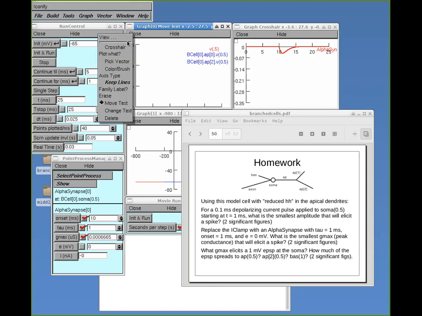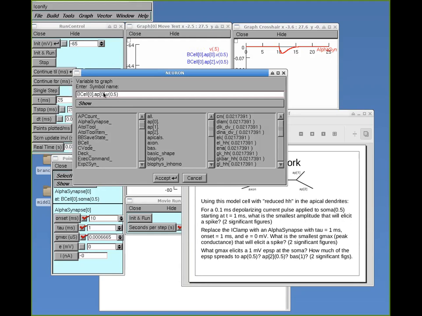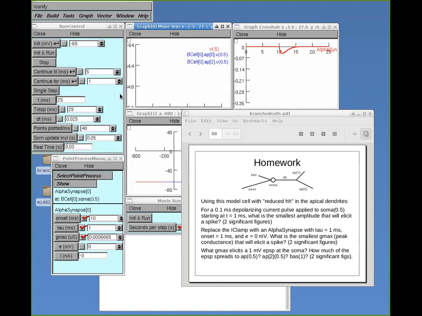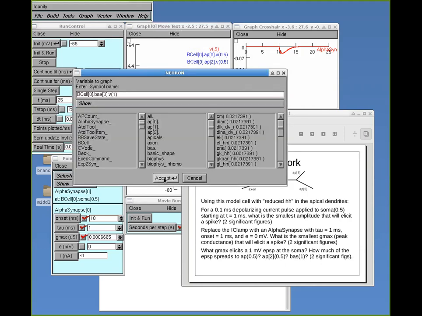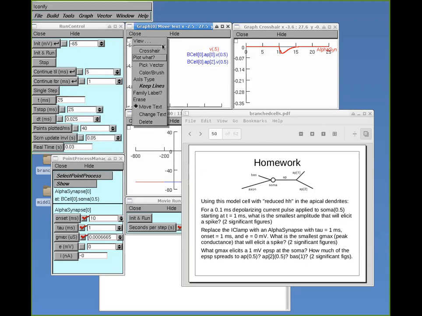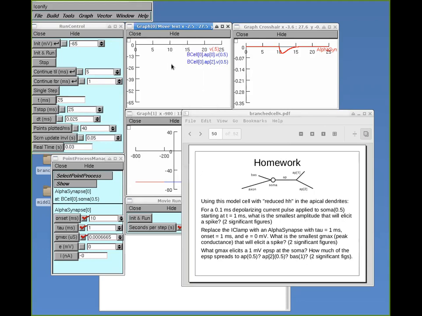So let's do that with plot what? And I can just change that. I know its name is BAS, and I know the location is 1. So there we go. How come I didn't get it? Did I get it? I'm not seeing it.